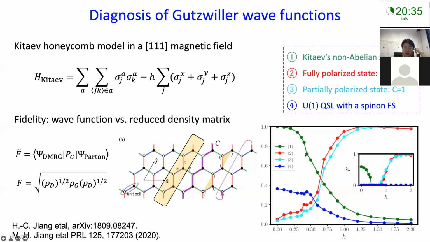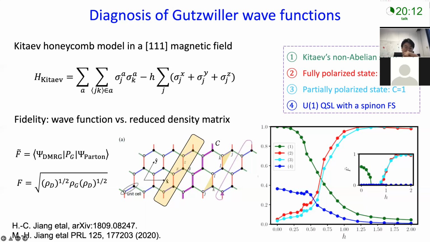Because they are both MPS, we can compute the wave function overlap easily. And the other quantity is the fidelity of the reduced density matrix in the middle column of the cylinder. This fidelity can suppress some boundary effect.